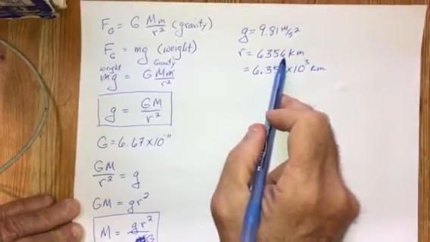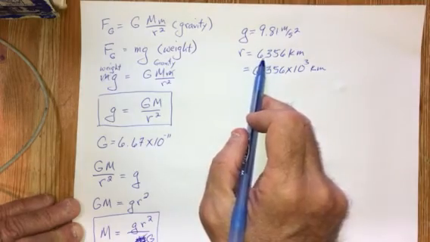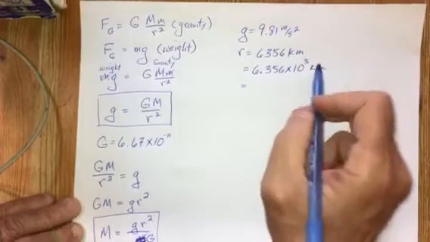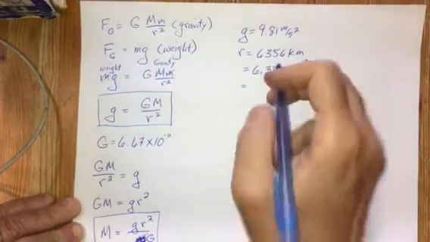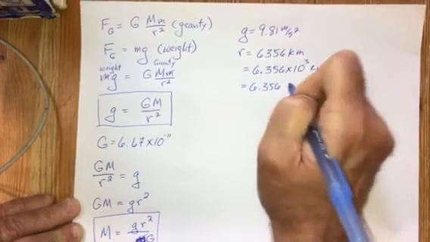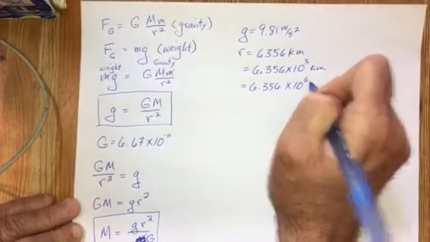You'll see that I moved the decimal point 3 places to the left to make that change. And then to convert this to meters, we just add 3 to the exponent in scientific notation. So we get 6.356 times 10 to the 6th meters.